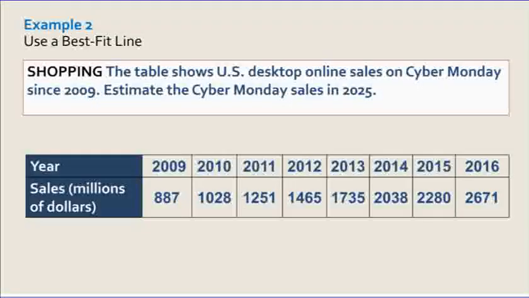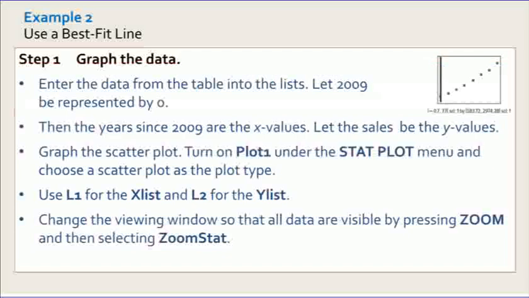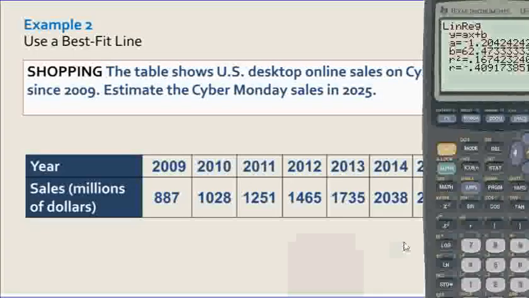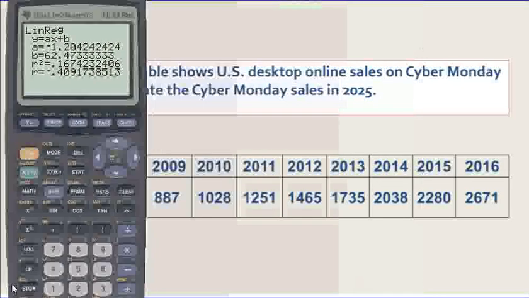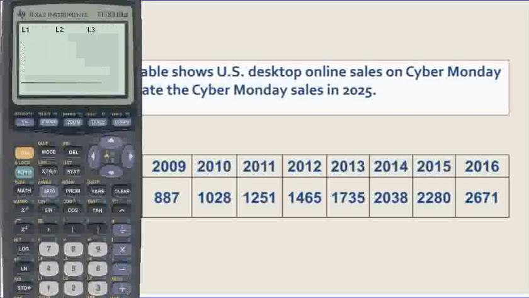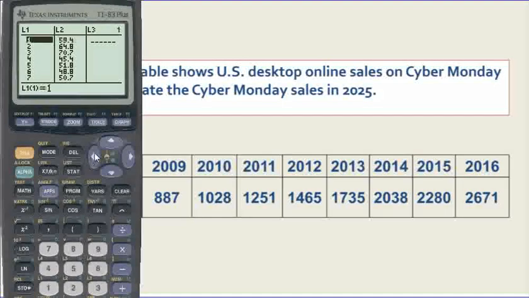Next, the table shows U.S. desktop online sales on Cyber Monday since 2009. Estimate the Cyber Monday sales in 2025. So the first thing we're going to do is enter the data into the table. We're going to let 2009 be represented by 0. So grab our calculator. I'm going to put that over here so I can see the whole table. Hit stat, edit, going to clear everything.